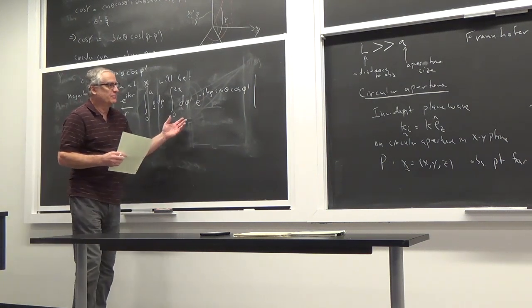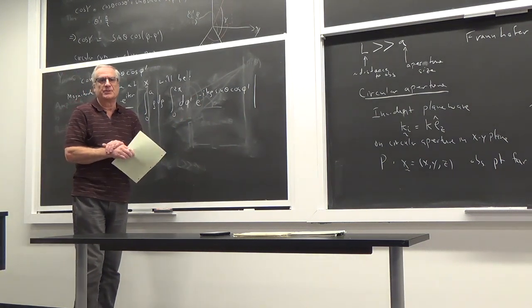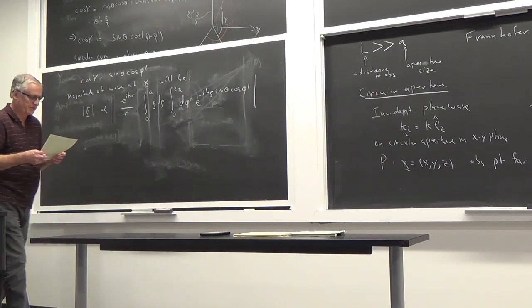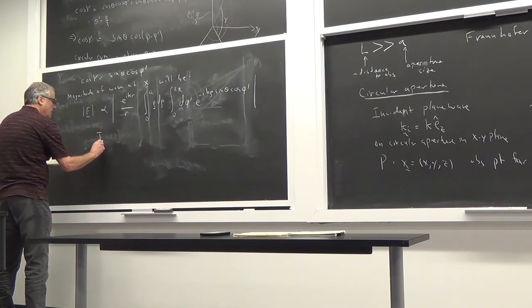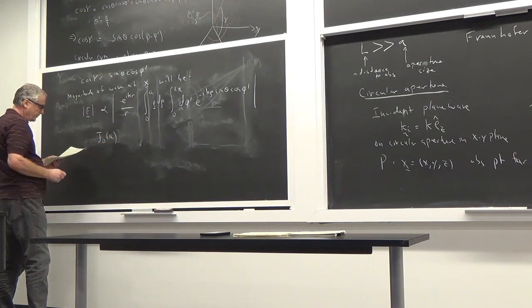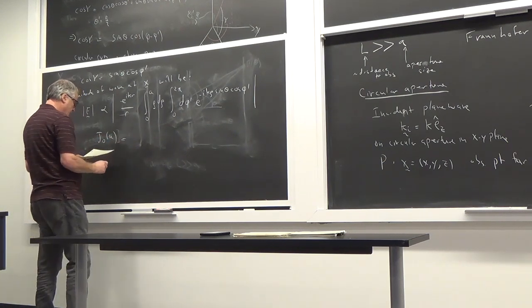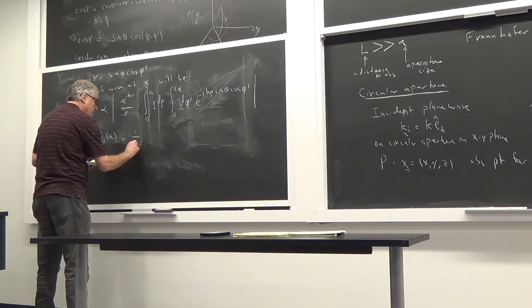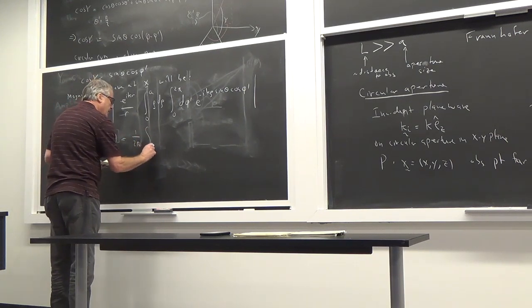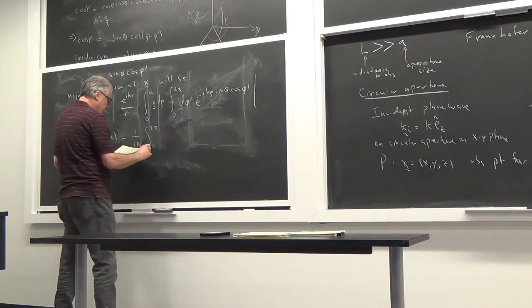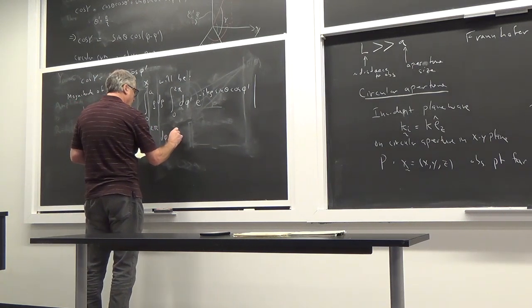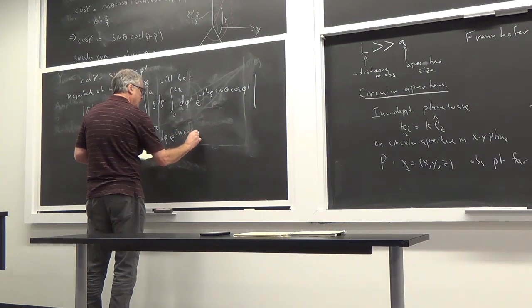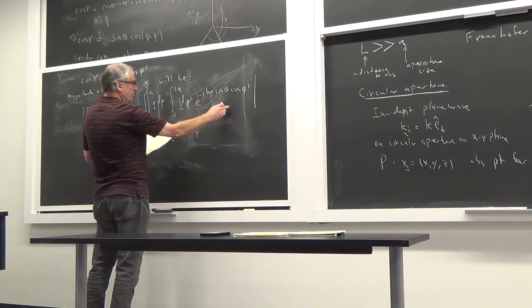That maybe isn't too surprising since we have a problem with circular symmetry, and that's where Bessel functions showed up before. So the zeroth Bessel function, evaluated at some argument u, can be written as the integral from 0 to 2 pi d phi e to the i u cosine phi. And you can see that's precisely what we have here as well.